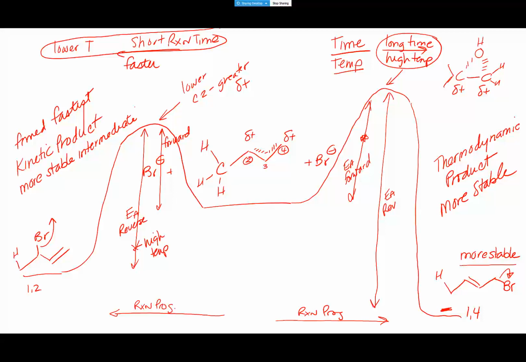And that's the way we're going to define this. The kinetic product is the one that comes from the more stable intermediate. The thermodynamic product is the more stable product. Okay. I'm just going to say it comes from the more stable intermediate.